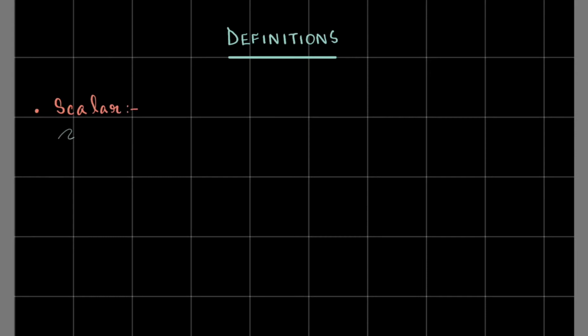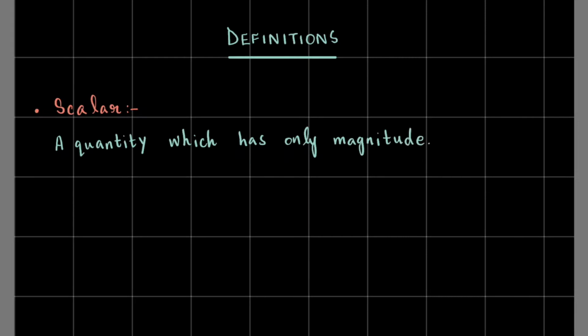A scalar quantity is a quantity which has only magnitude. You know what magnitude means, right? Magnitude means how large or how small the quantity is.